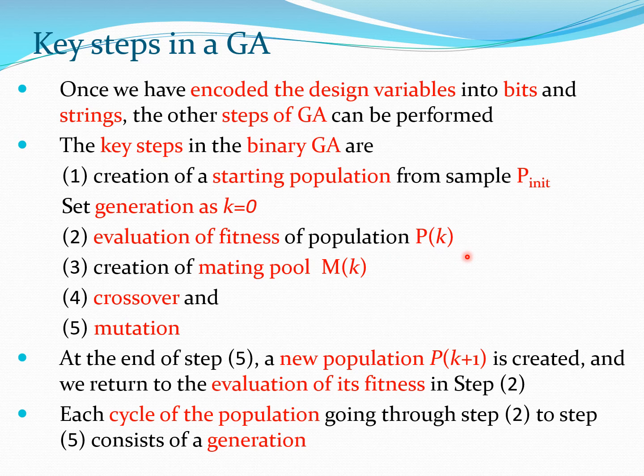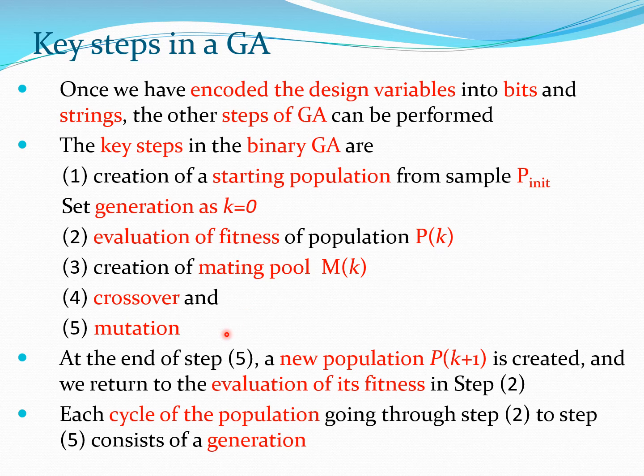That means for all the values in this population at generation K, you create a mating pool, which is a subset of this total population, M_K. So these are the members of the population who have been selected for mating. Now this mating is typically performed using the crossing of genes between two of the points here.